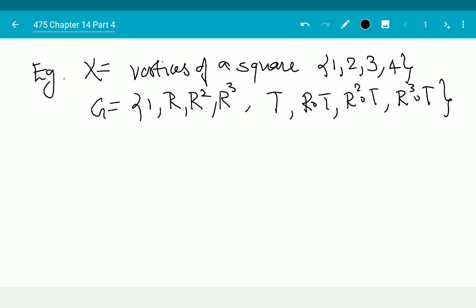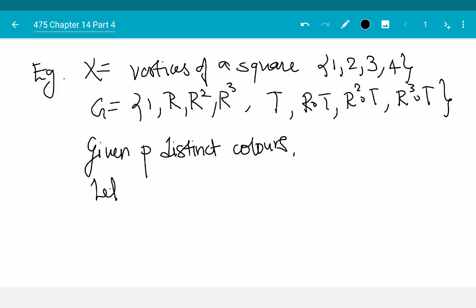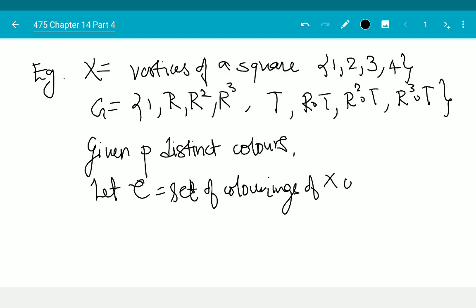Now assume we have P different colors. Given P distinct colors, let C be the set of colorings of X with the P colors.